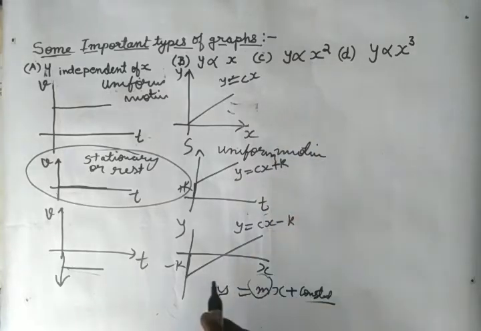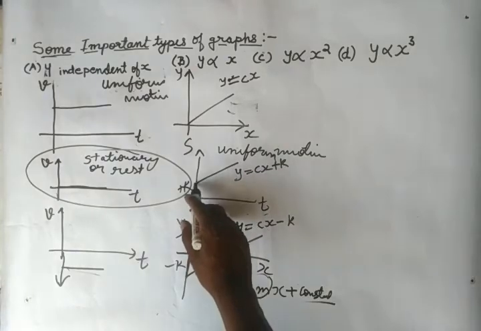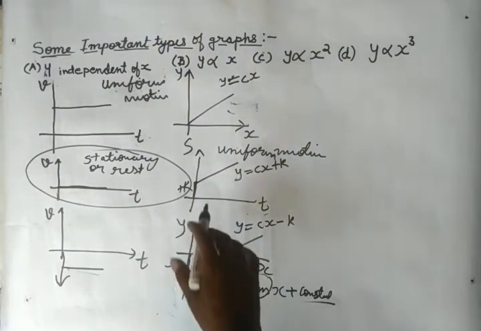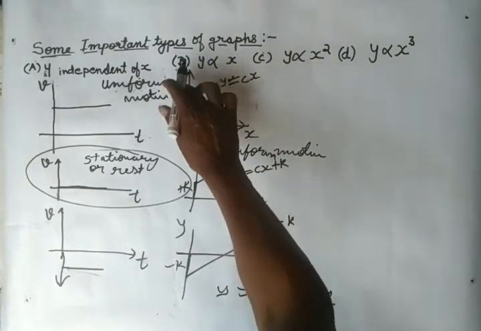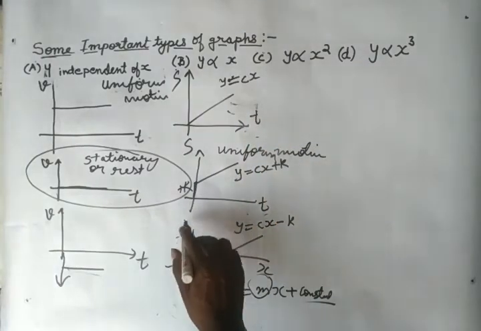Uniform motion means velocity remains constant. And if you remember, for the ST graph, velocity was the slope of the graph. So here slope is constant, that is, velocity is constant. This is one thing. Second thing, it is starting from somewhere here on the upper side. All right, so this is for uniform motion. It can be this also, and it can be this also.